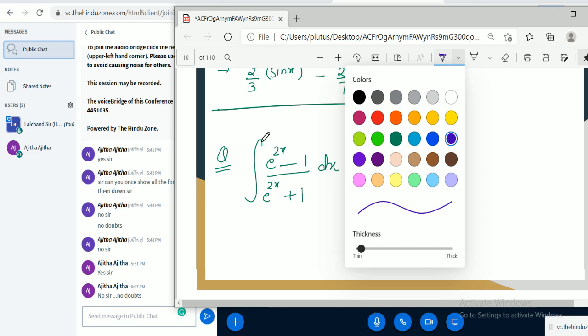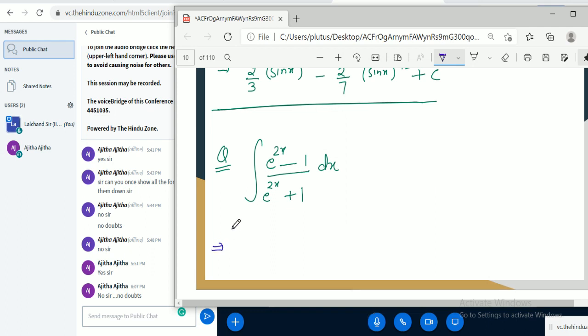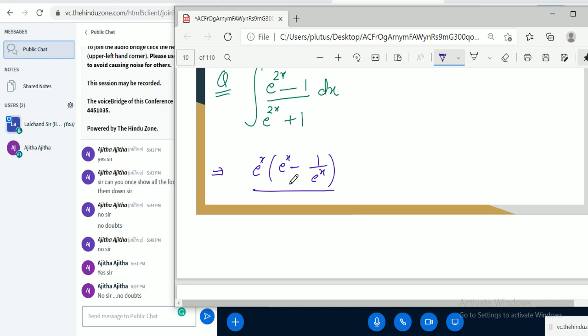Okay, if we take e to the power x common from numerator, then we get (e to the power x minus 1 upon e to the power x), and if we take e to the power x common from denominator, then (e to the power x plus 1 by e to the power x) into dx. By taking e to the power x common from numerator and denominator, this gets cancelled.